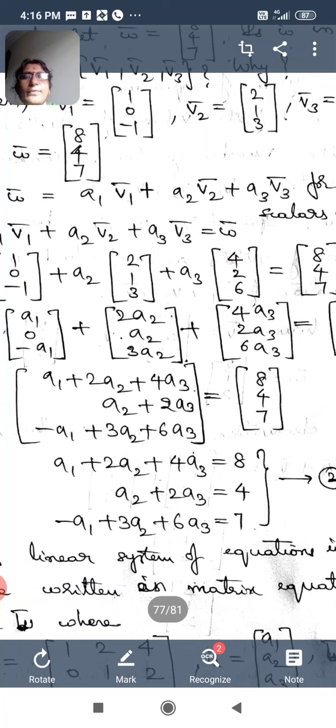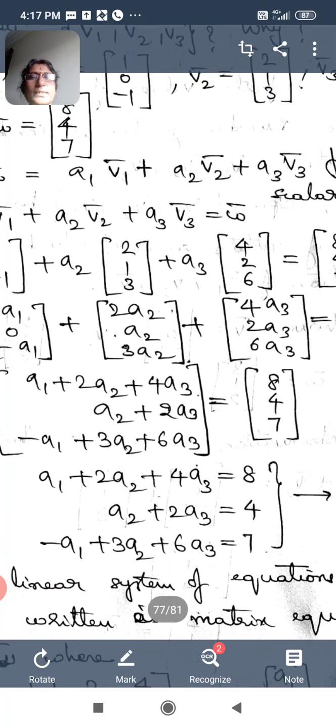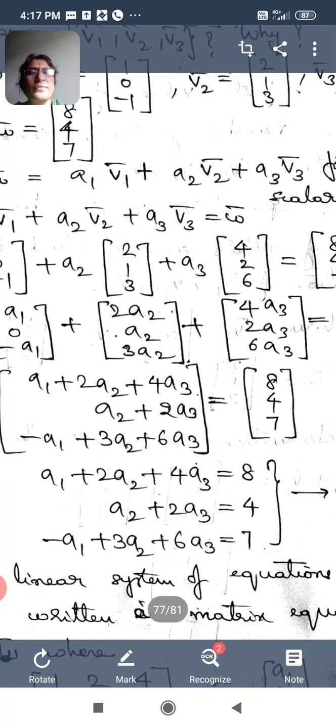So using the concept of equality of matrices, equate these two column vectors by the corresponding elements in each column of these vectors on either side. We can get three equations: a1 plus 2a2 plus 4a3 is equal to 8, a2 plus 2a3 is equal to 4, minus a1 plus 3a2 plus 6a3 is equal to 7.